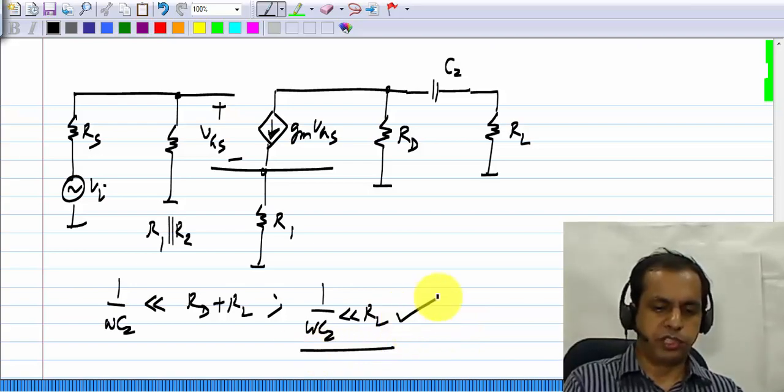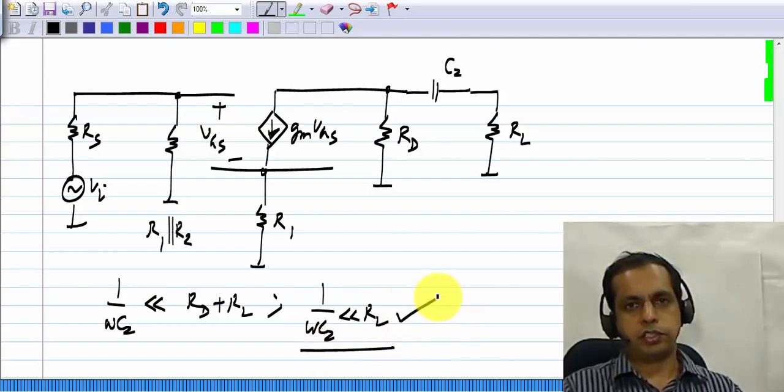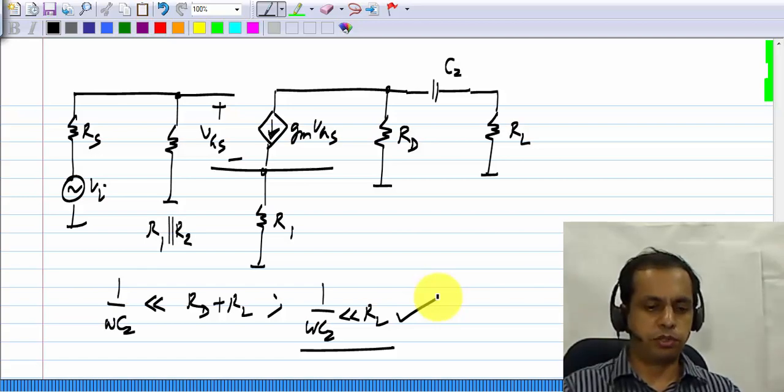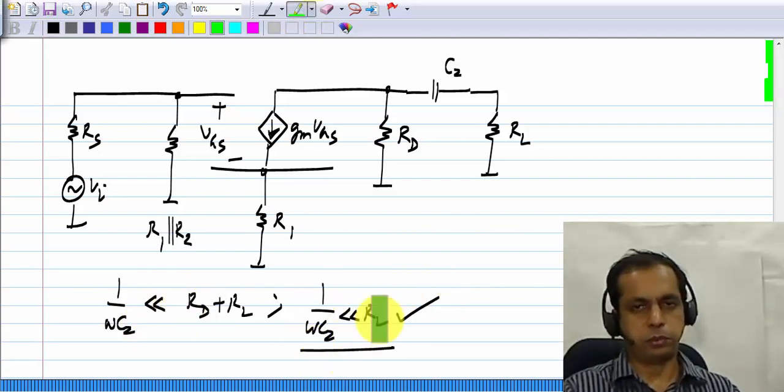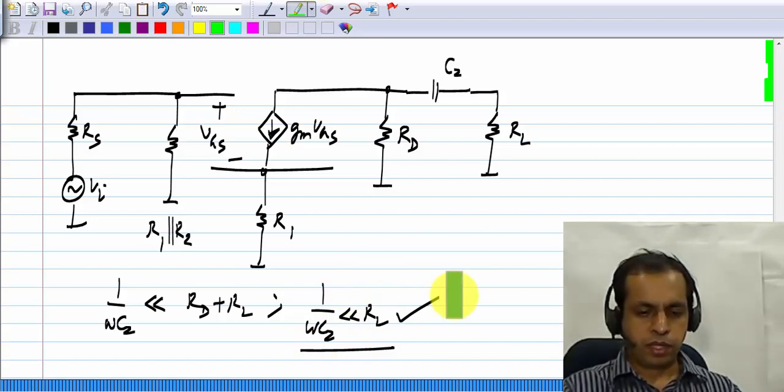In case of common source amplifier problems, I've asked you to sometimes use this and sometimes use that, but for now let's say we will use this one. So if that's the case, C2 becomes a short circuit.